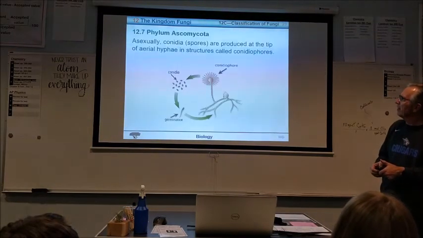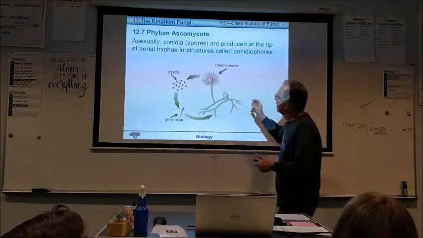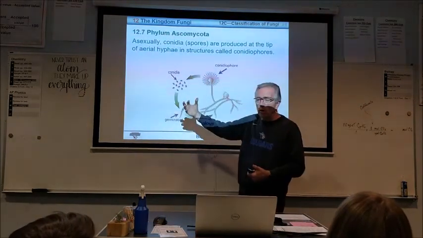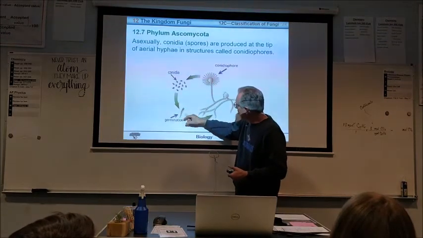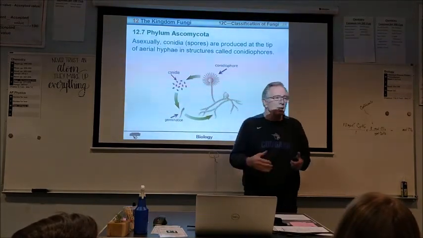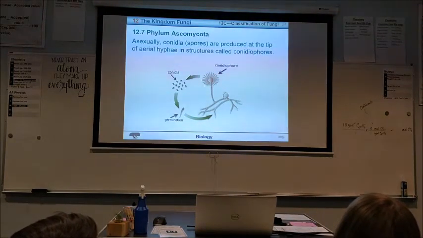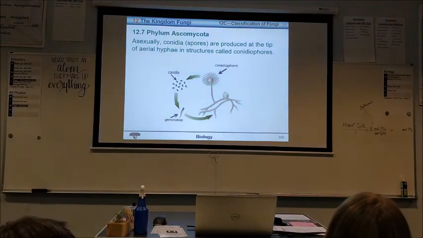Oh, let's finish that up. I think we forgot something. They will produce these conidia, or spores, that will again germinate and grow into another fungus. That's how they spread themselves. This part is the part that sticks up above the rest of the fungus.